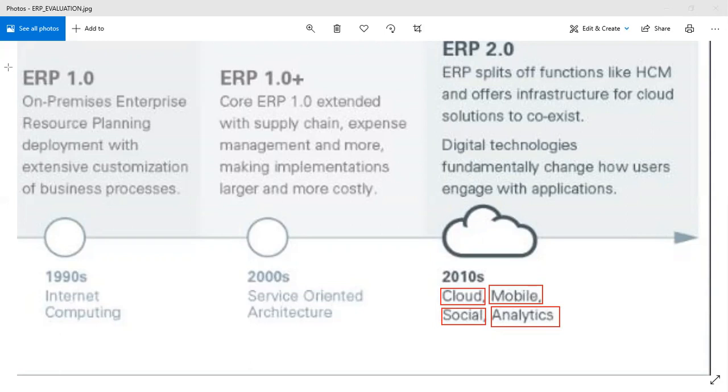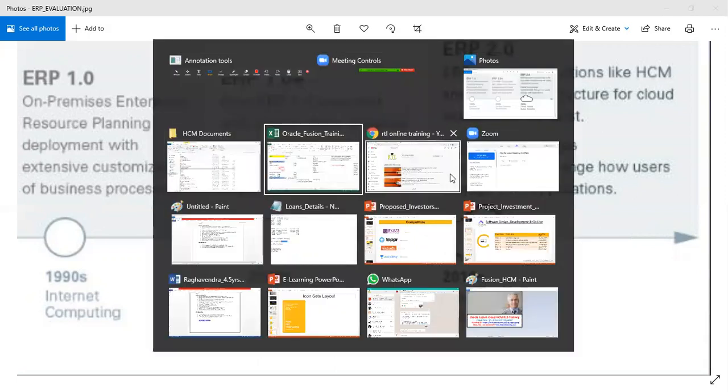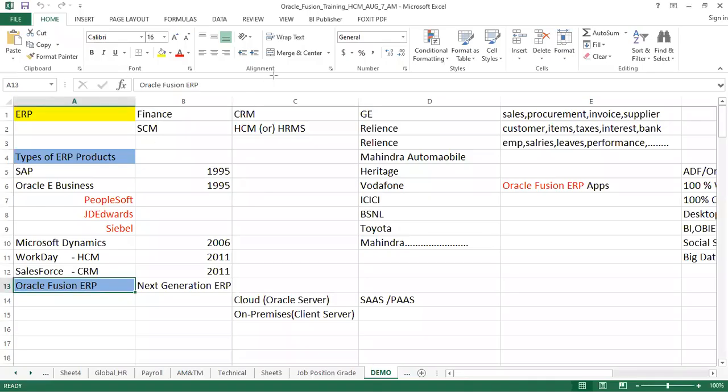Fusion Cloud also comes into the picture. We were talking about the reason why, when Oracle already has four ERP software products, Oracle developed the new ERP software called Fusion Applications.